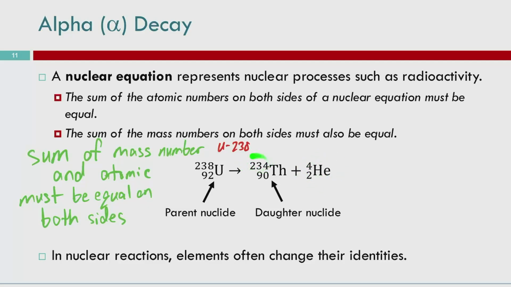And our daughter nuclide has a mass number of 234. 234 plus 4 equals 238. Our mass number is conserved. And our atomic number is 92 for uranium. Thorium, it's thorium because it's 90, and we subtracted 2. We lost 2 in our alpha particle.